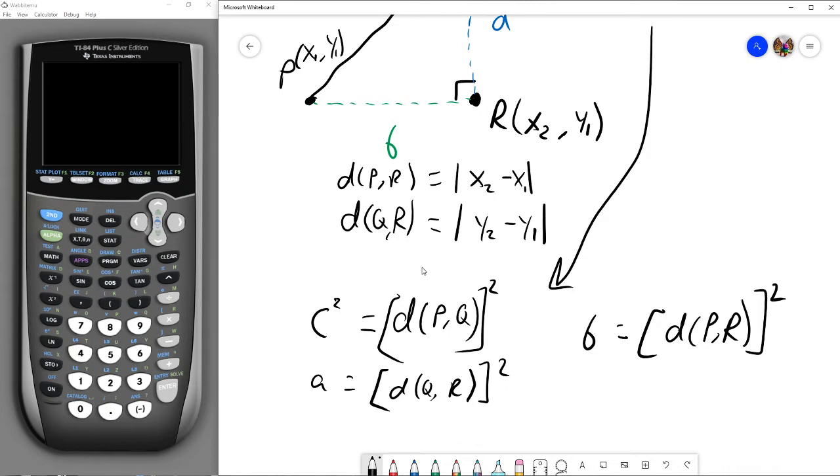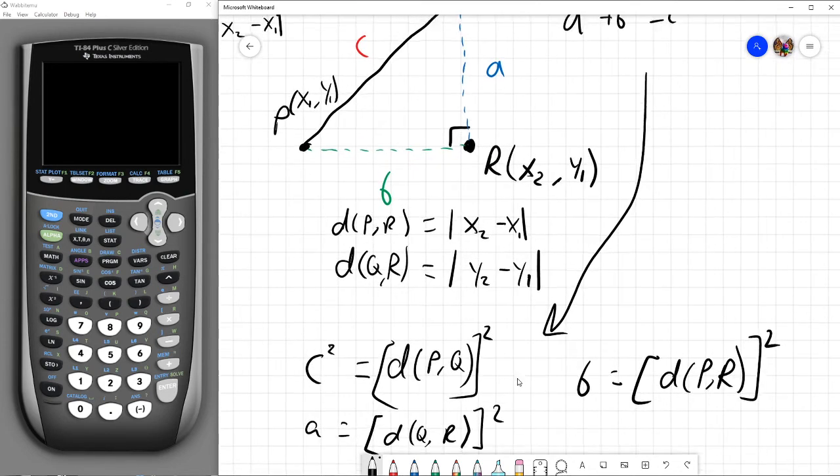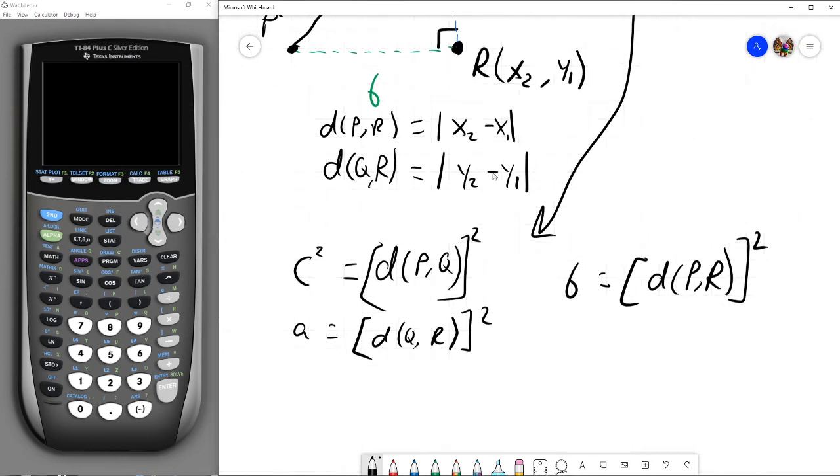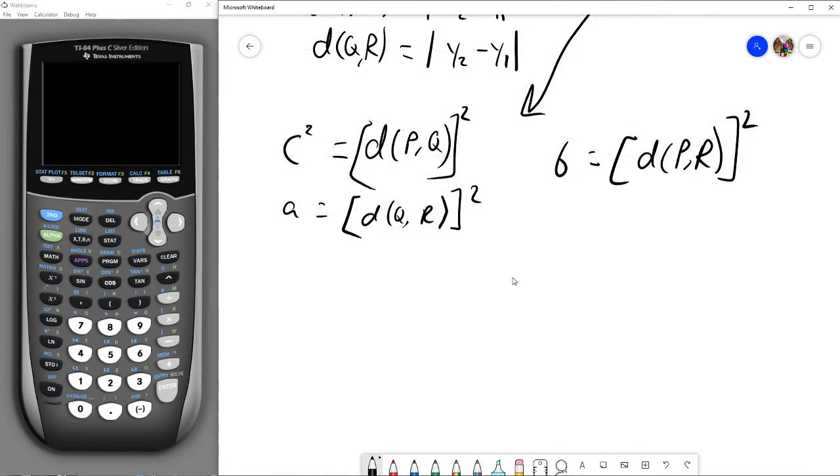So, why don't we think of it this way? Then we can substitute in our absolute values for a and b. We can drop the absolute value now since the quantity is being squared.